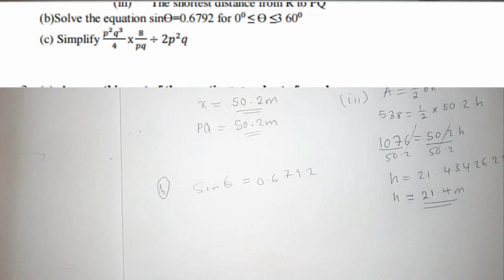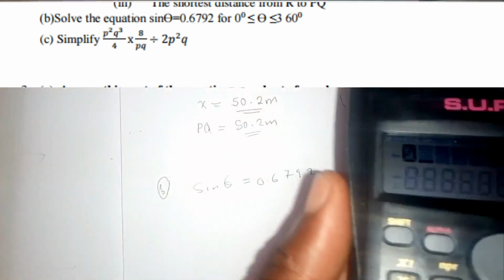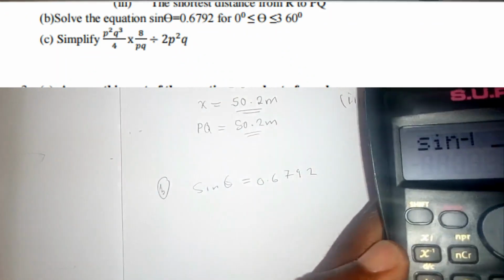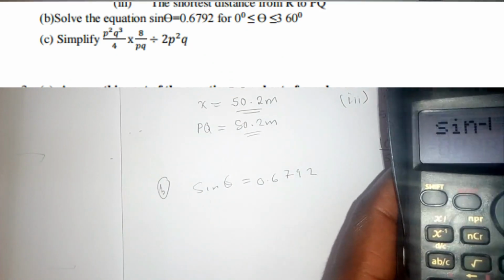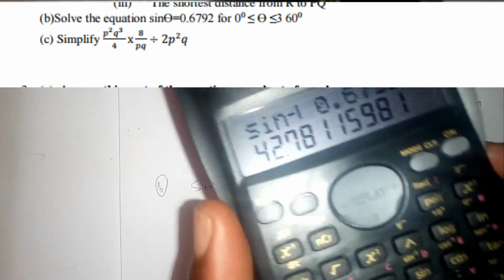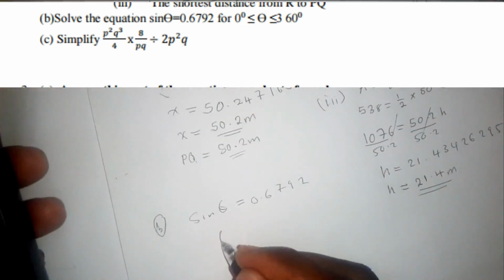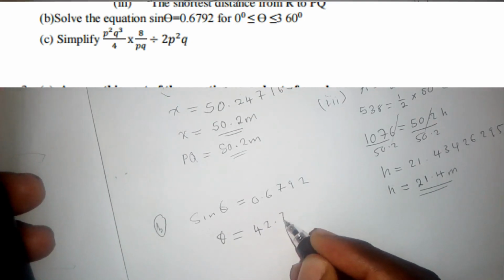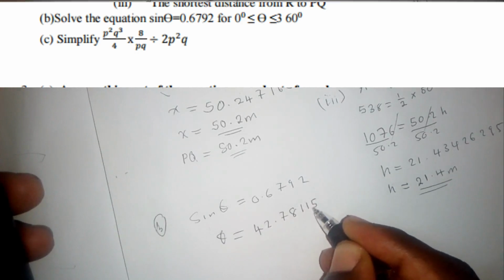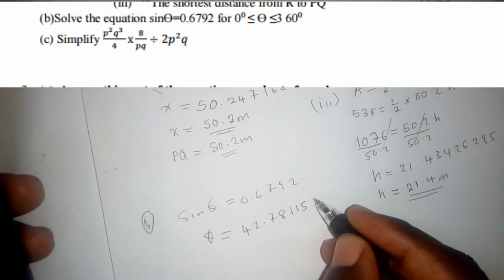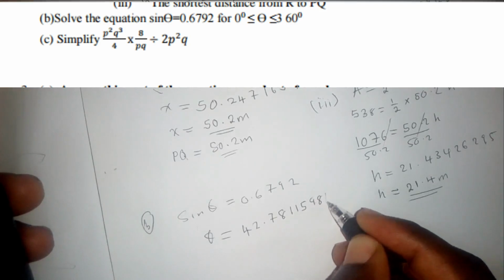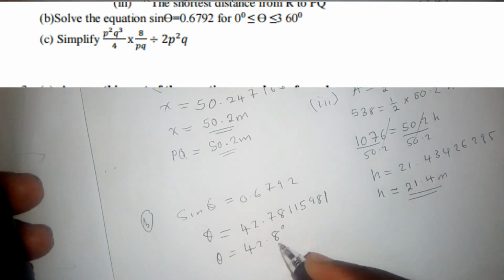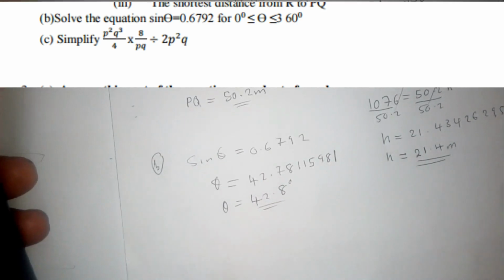When we solve, we just get our calculator and press Shift sine, inverse of 0.6792, which is equal to theta will be equal to 42.78115981. So we write this in one decimal place. We have this angle here. So this is not our final answer.